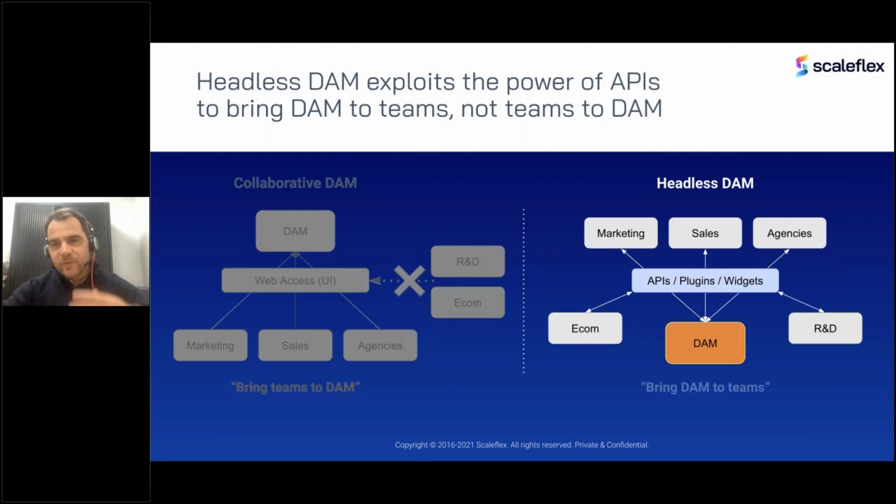And the idea here of Headless DAM is to bring the DAM to the teams versus the teams to the DAM. And we believe that in order to drive the DAM adoption and accelerate this journey, this is a better approach by basically bringing the DAM to the teams and not the teams to the DAM.